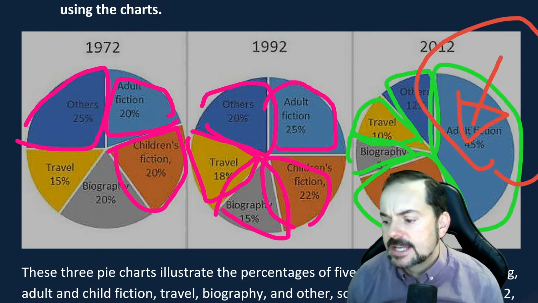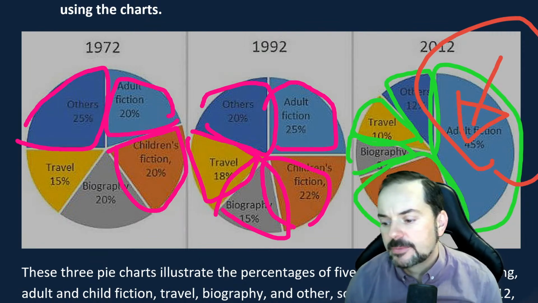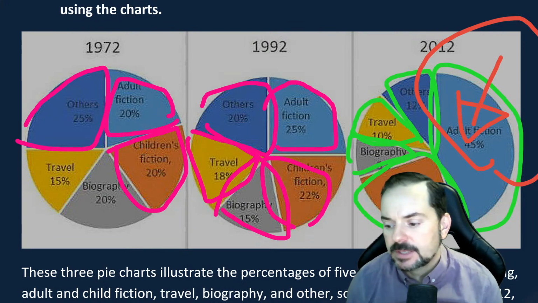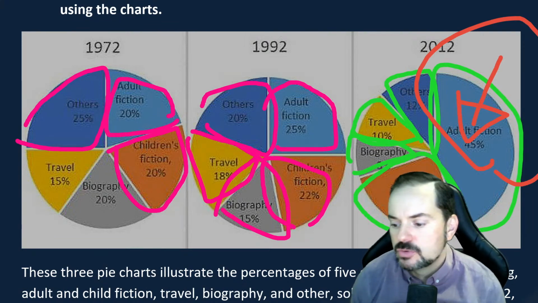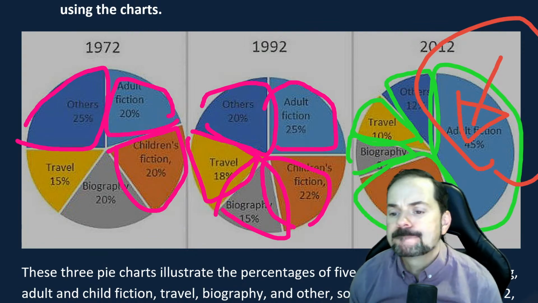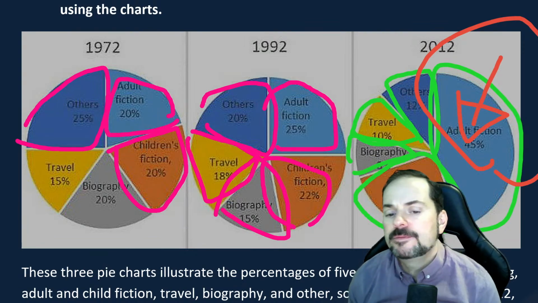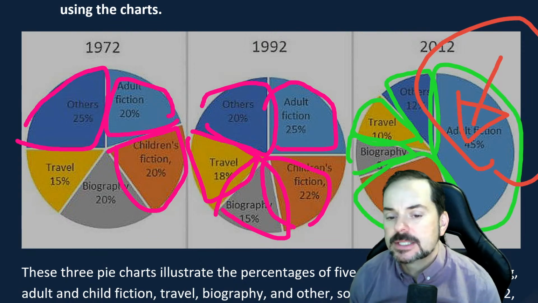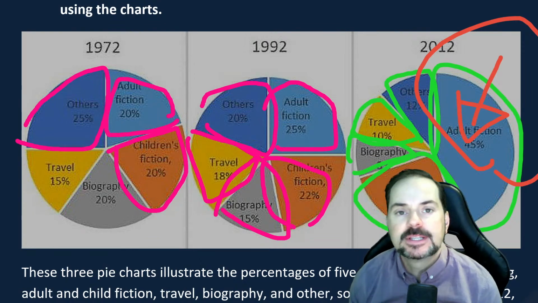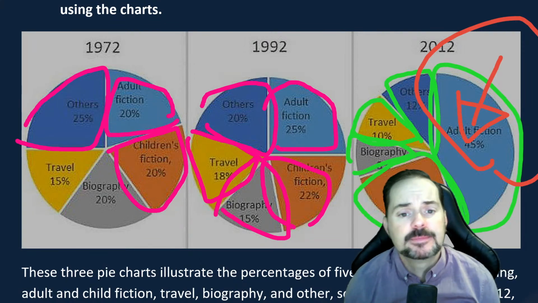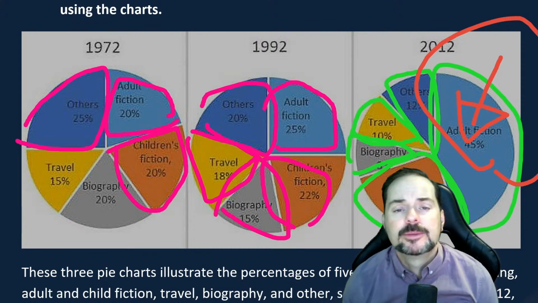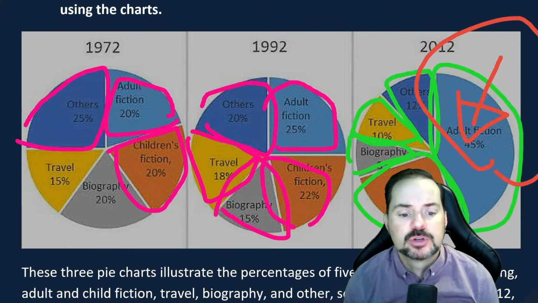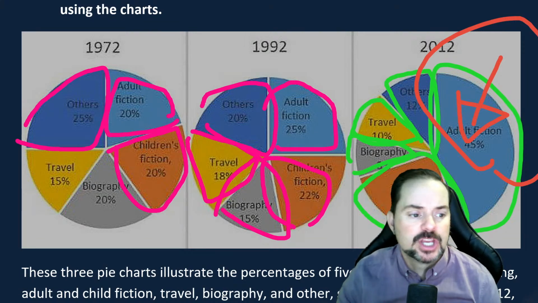So Nancy says, at first glance, it is clear that reading choices of people changed significantly with time, especially in the year 2012. Nancy, we don't know if it's the reading choices of people that changed, but definitely the types of books sold. So the percentage of the types of books sold at this shop changed, right?